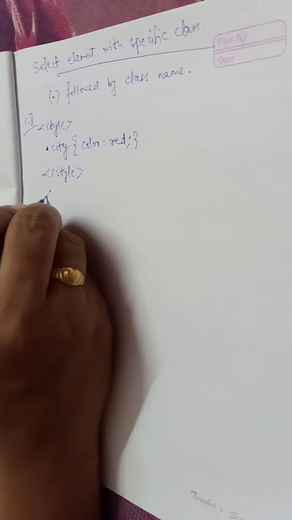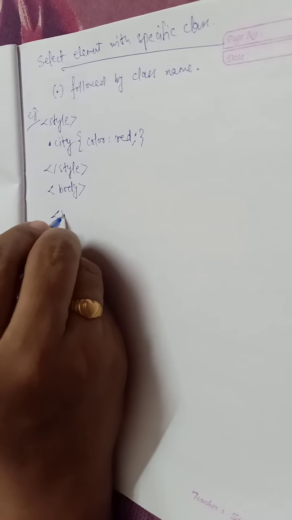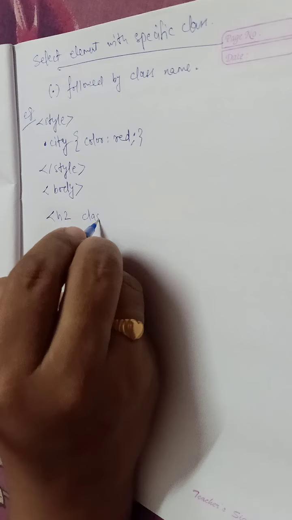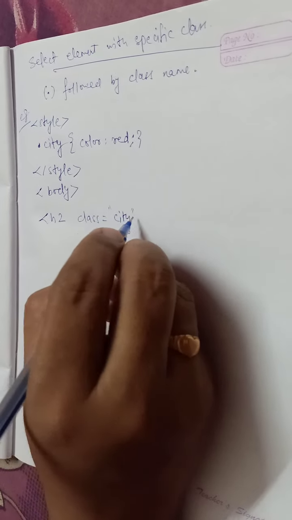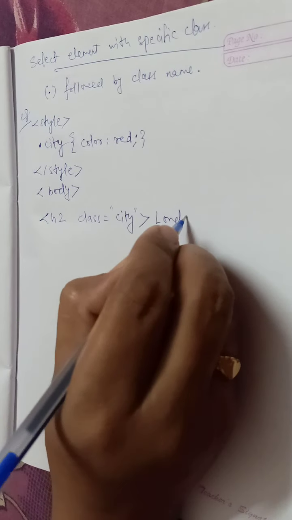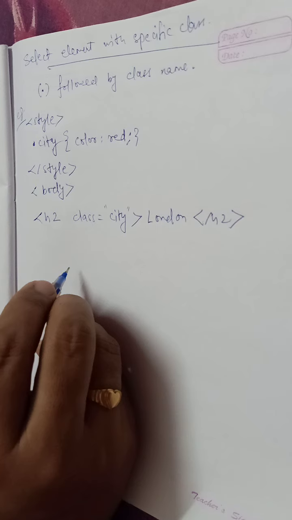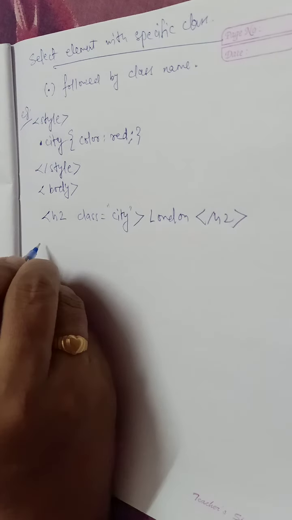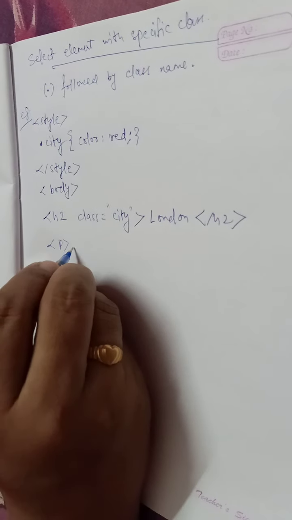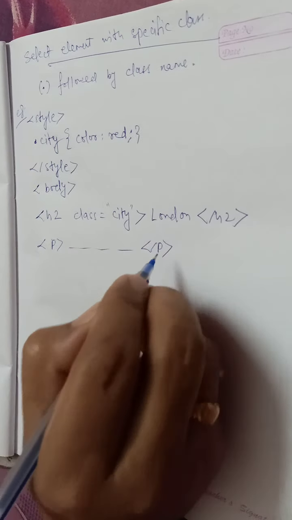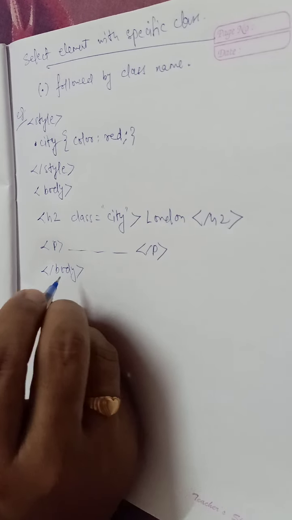So now inside the body tag I can write class equal to city. Suppose this is London. I can again write a paragraph, some sentence, and I'm ending the paragraph, and here I'm ending the body tag.